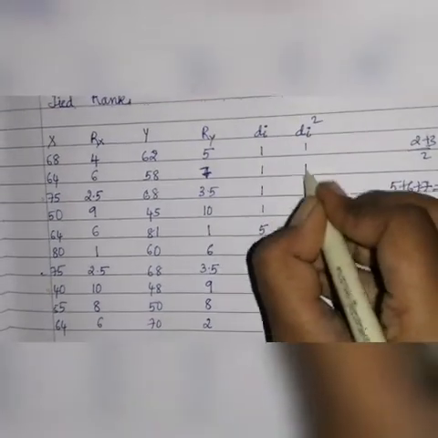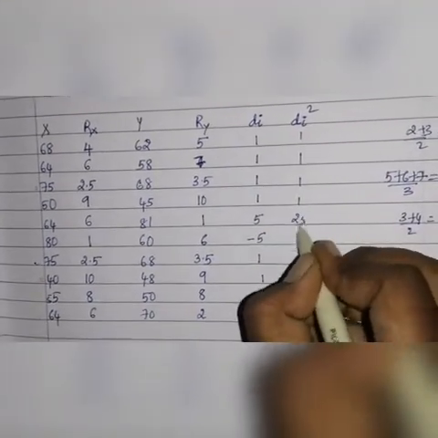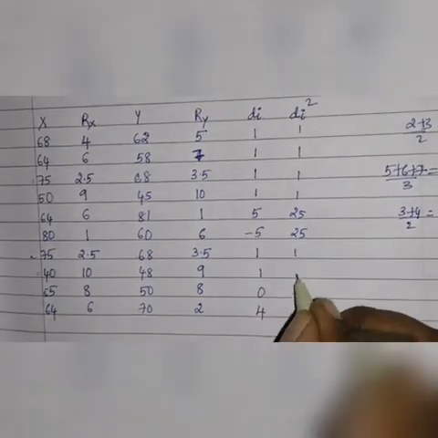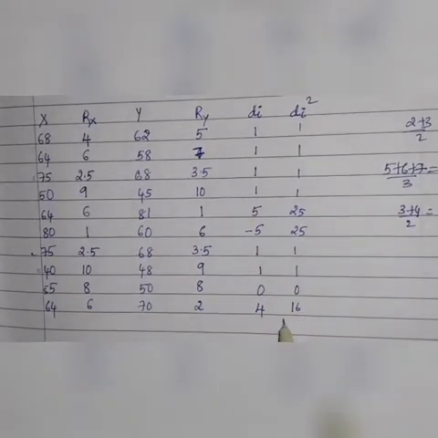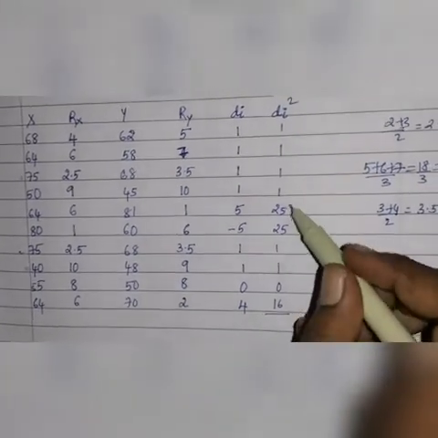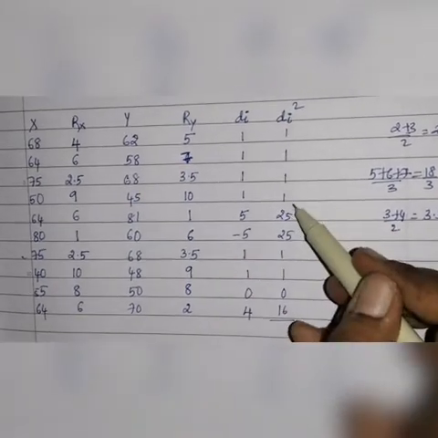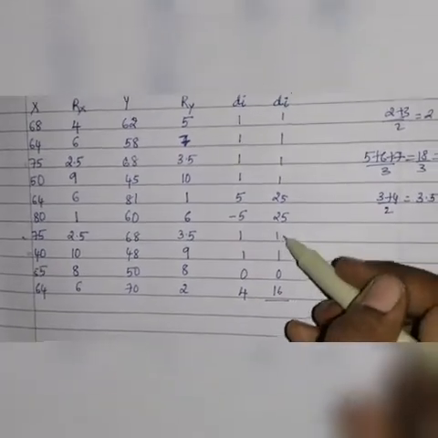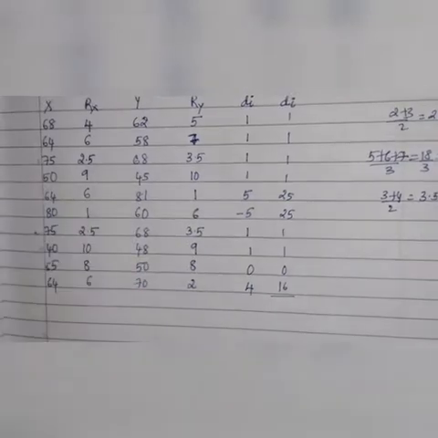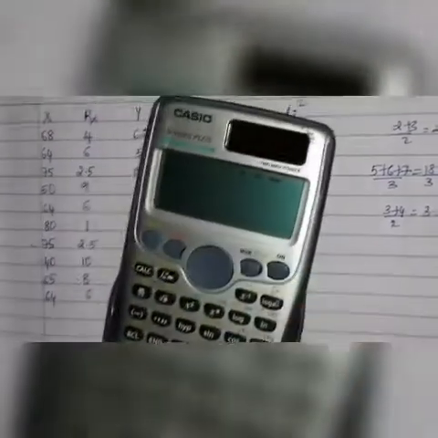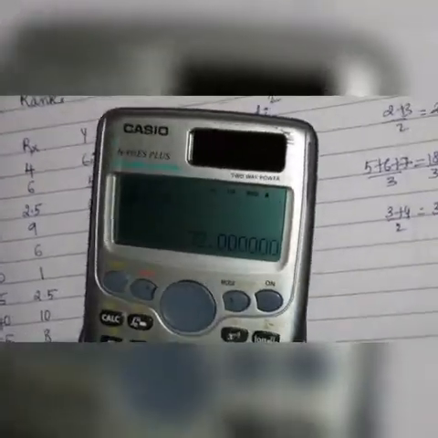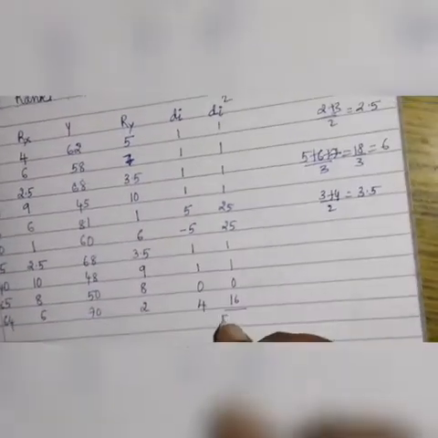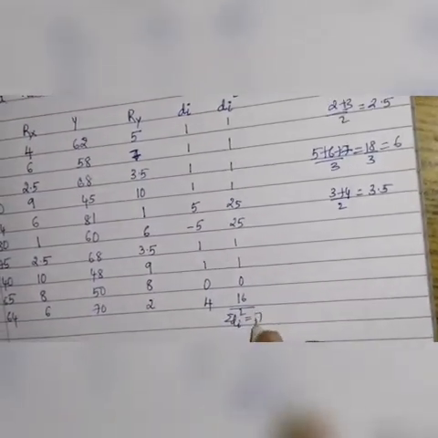So the squares are 1 1 1 1 25 25 1 1 0 16. So the summation will be 72. So the summation of di square is equal to 72.